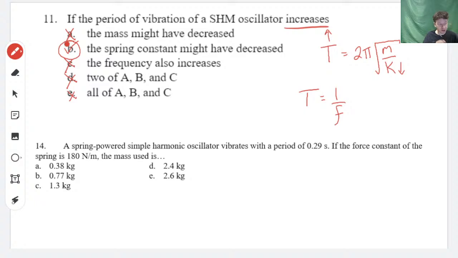Number 14. A spring-powered simple harmonic oscillator vibrates with a period of... if the force constant of the spring is... the mass used is... This is one of my rare multiple choice questions where it's just a problem that you have to solve on your calculator.